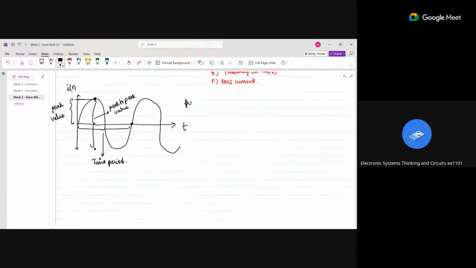What is frequency? 1 upon time period. It basically says the number of cycles in 1 second, right? Then what about omega?